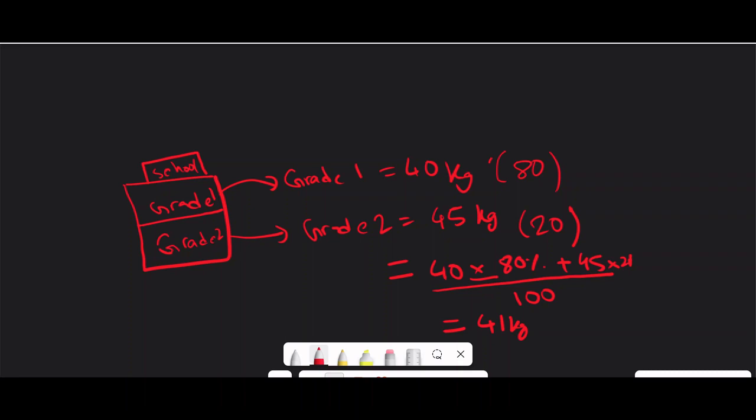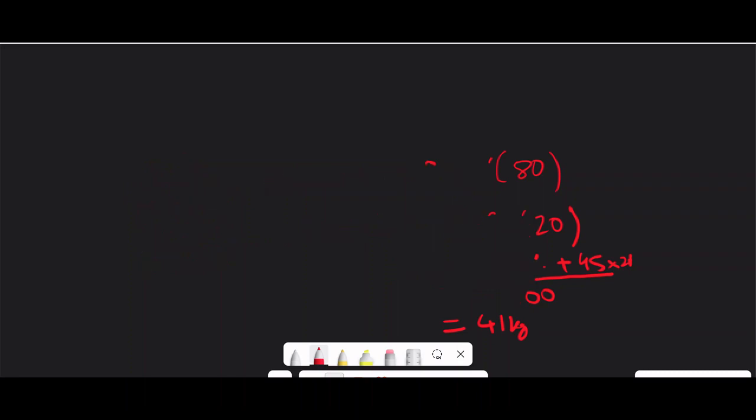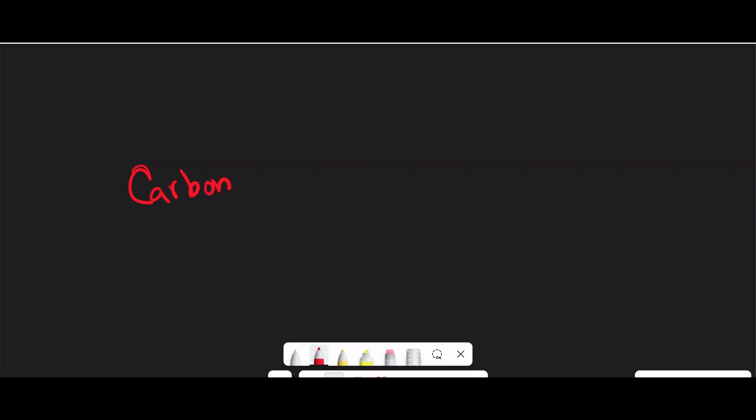Similarly, the same concept and logic is used for isotopes. So let's start with carbon. That's the most common one. So for carbon, as I said, you have C12, you have C13, and you also have C14. Now, what they found out is the relative abundance of C12 is 98.8%.